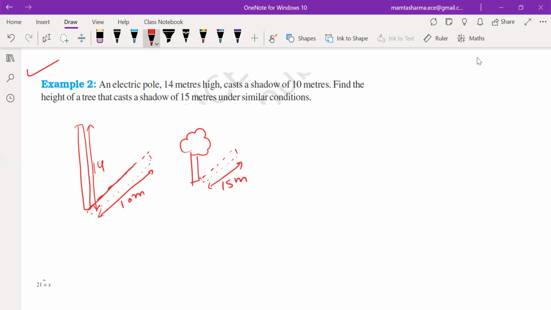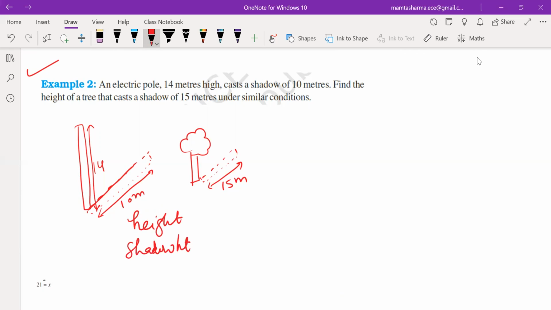So that is the thing. They are in a direct proportion. So there are two quantities, height and shadow.